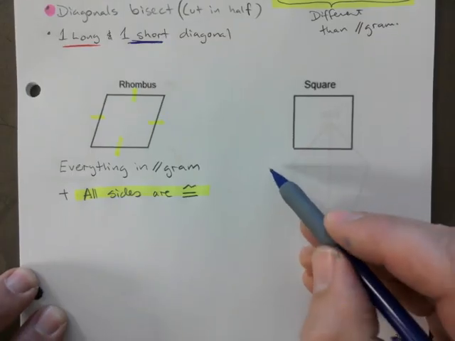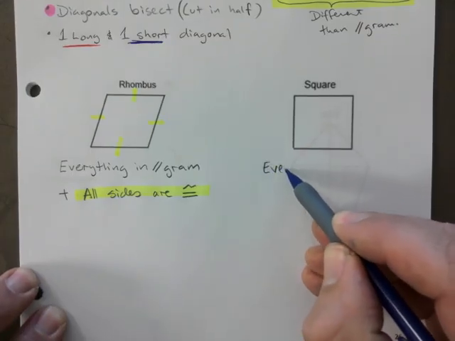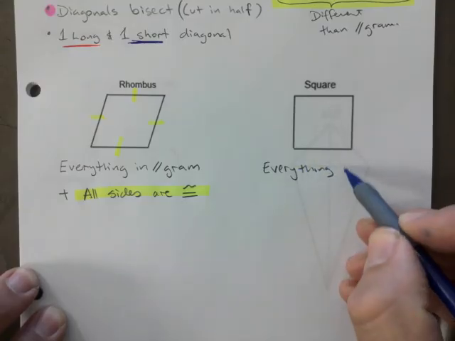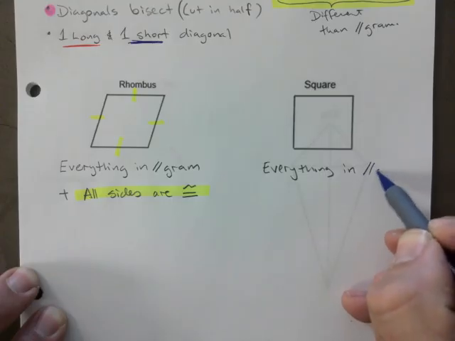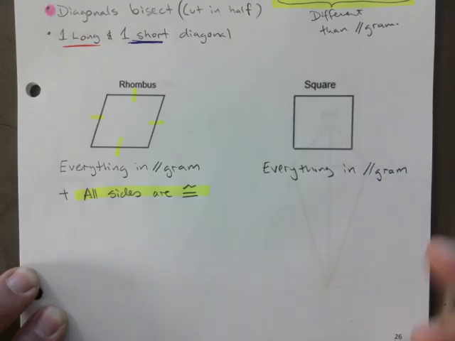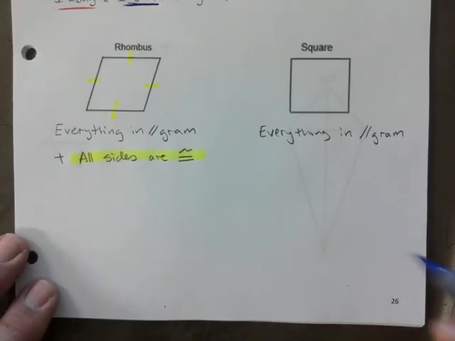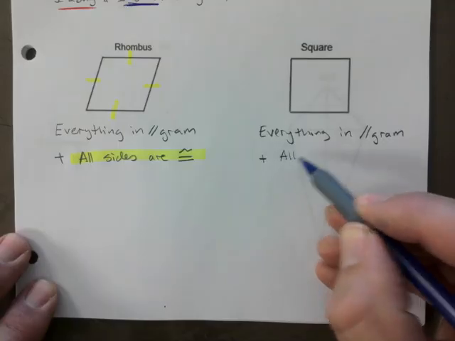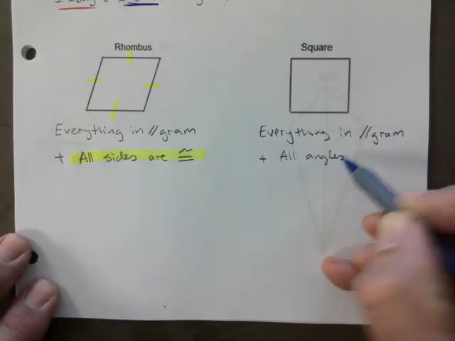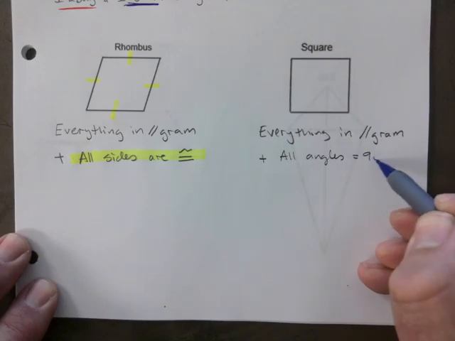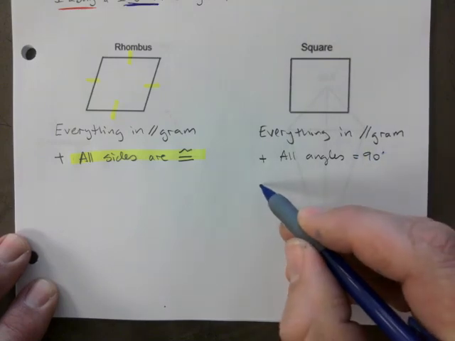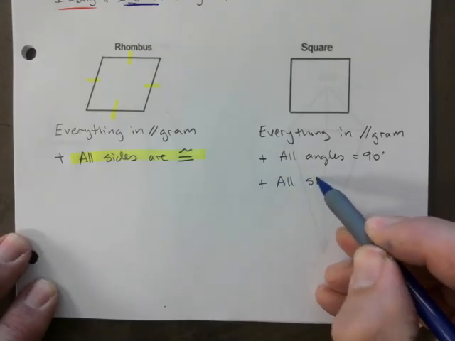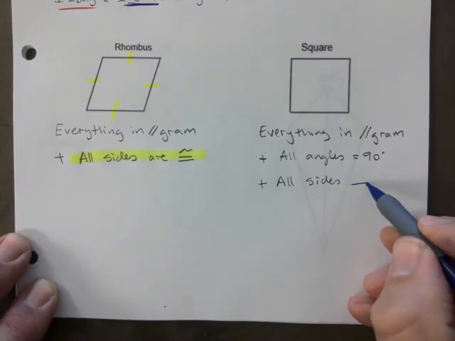A square: everything in parallelogram plus all angles are equal to 90, plus all sides are congruent.